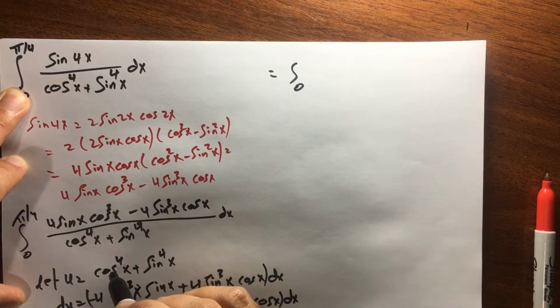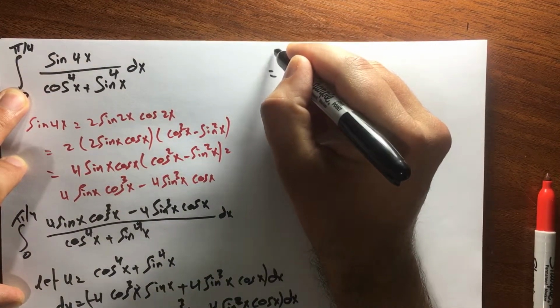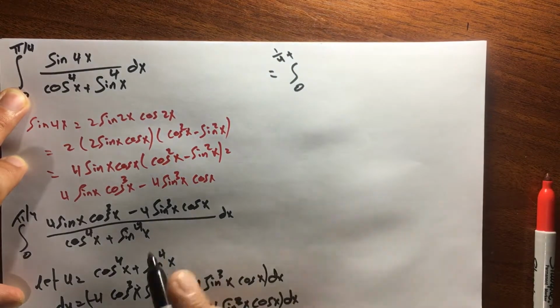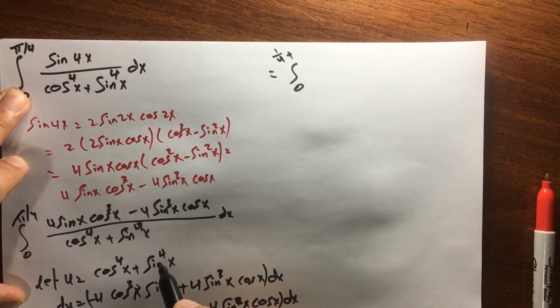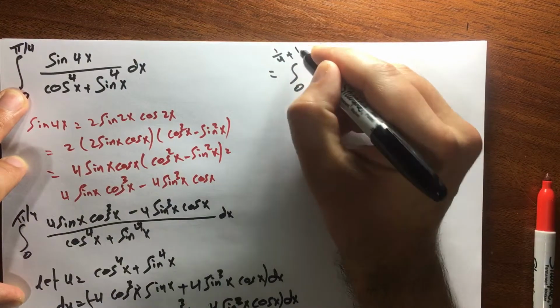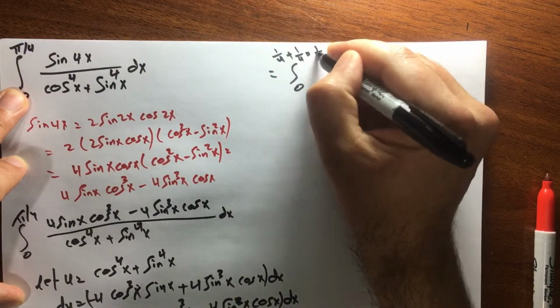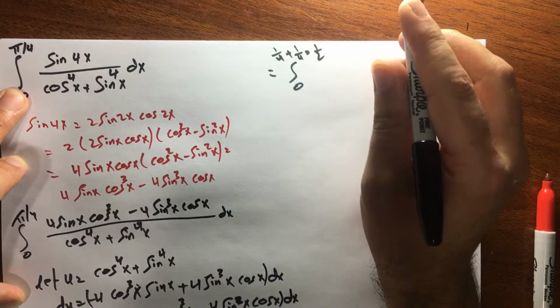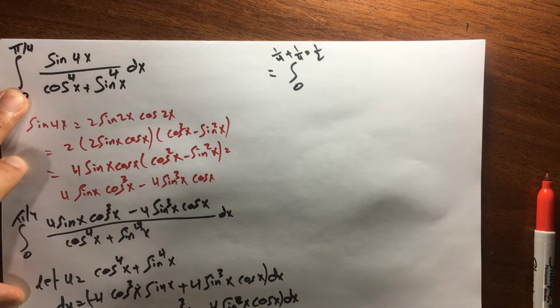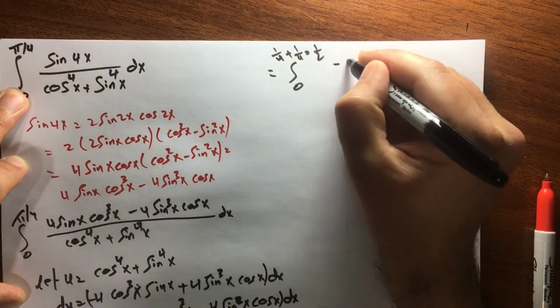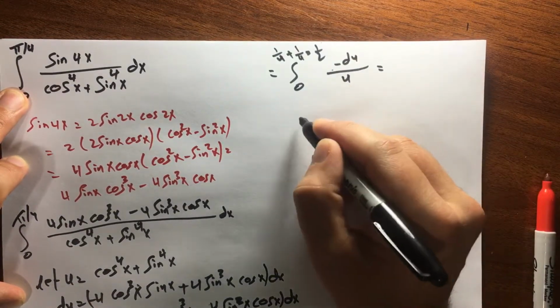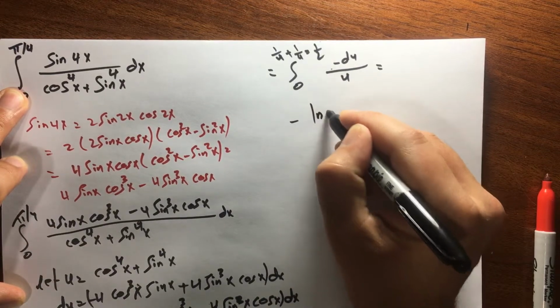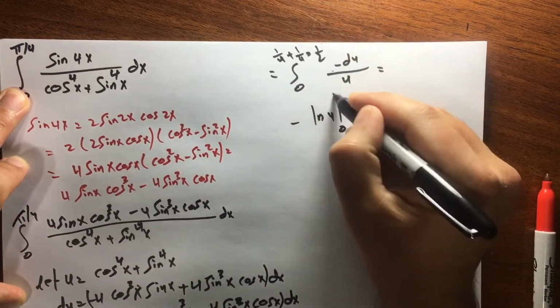When this is raised to the fourth power, this equals 1/4, plus also sine of pi over 4 is 1 over square root of 2, and raised to the fourth power, this also equals 1/4, and this equals 1/2. Now the integral equals negative du over u, and this equals negative natural log of u from 1 to 1/2.